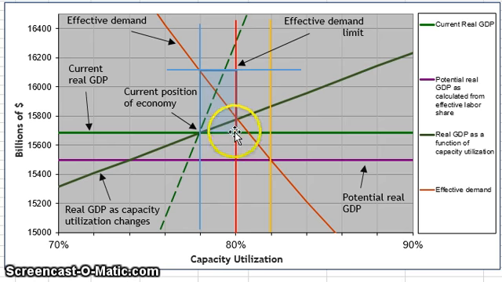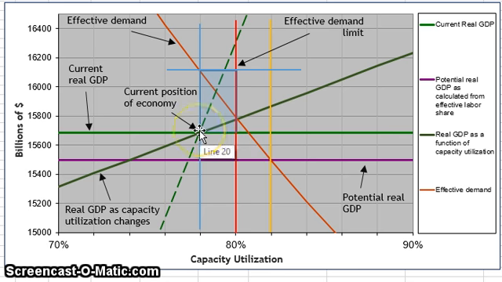And then you have this limit here of 80% capacity utilization. So if capacity utilization just rose and real GDP stayed the same, it would hit a limit of how much capacity utilization could be withstood before profits are decreased.